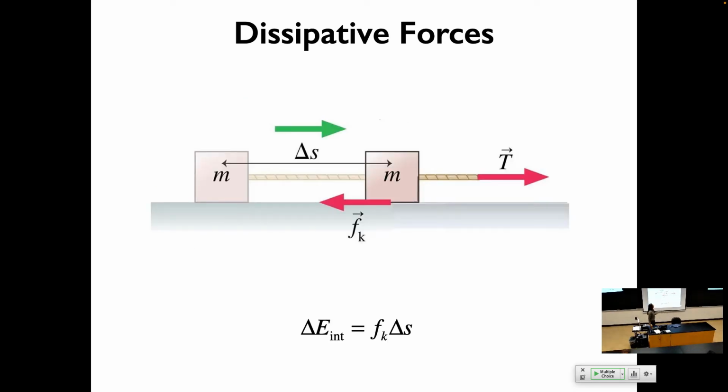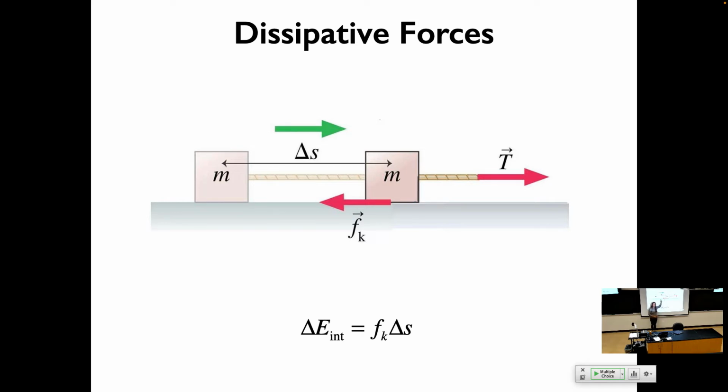So when we talk about dissipative forces, remember, what kind of work does friction do? Negative. Always negative, right? Because the frictional force always points in the opposite direction of the displacement, okay? So if you consider dragging this box across the floor at a constant speed, the net work done on the box is going to be the change in distance times the frictional force.